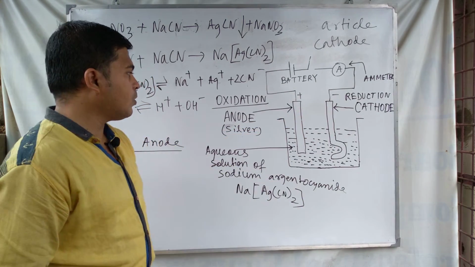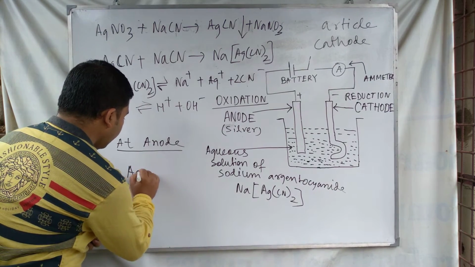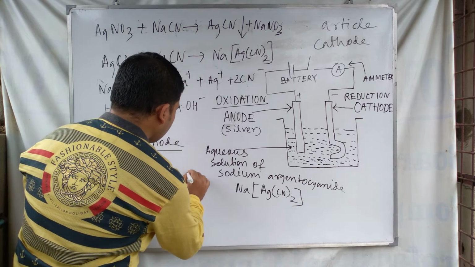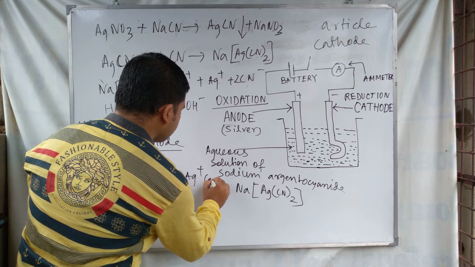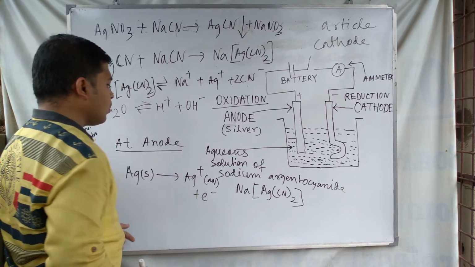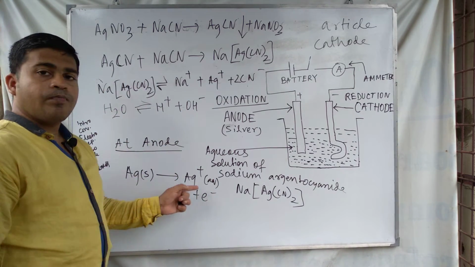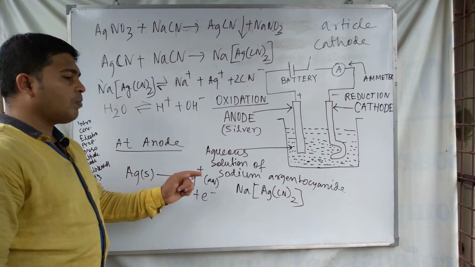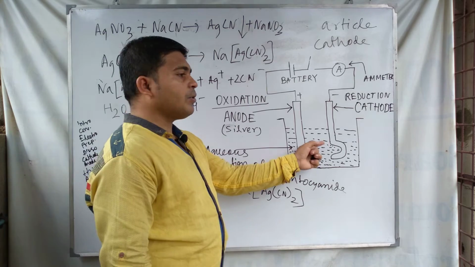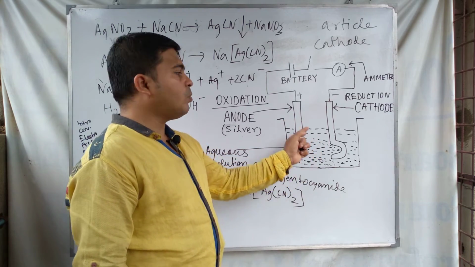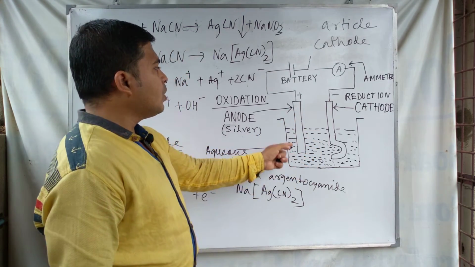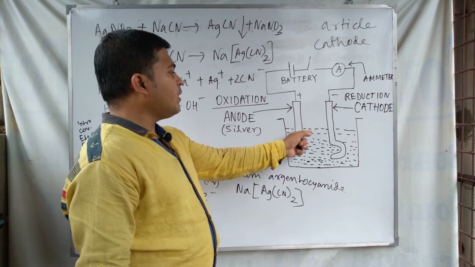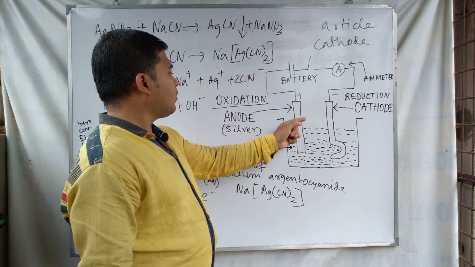We take a silver block. So at the silver block in the anode, oxidation occurs. Solid silver, by losing one electron, forms a silver plus ion. It means in this aqueous solution a silver plus ion is formed by losing one electron from a silver atom of the silver block.